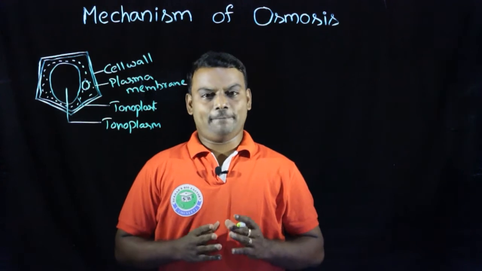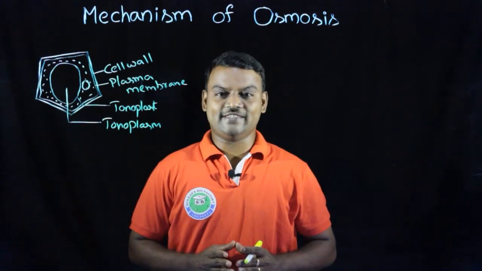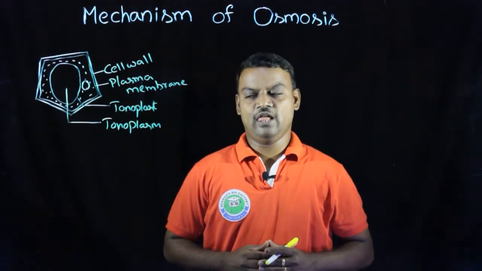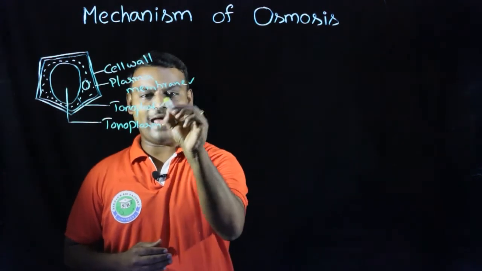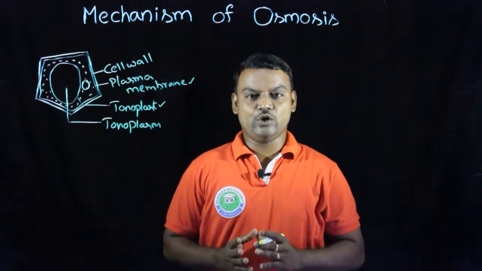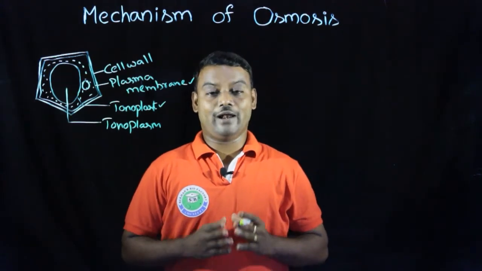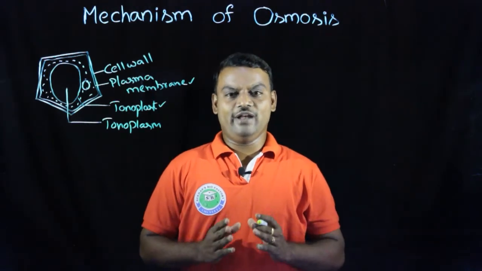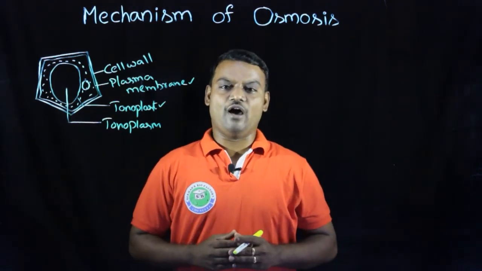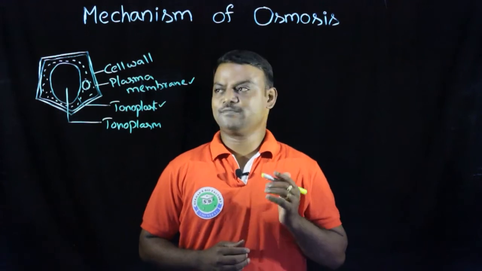In the structure of a plant cell, the cell wall is permeable in nature. Both plasma membrane and tonoplast are selectively permeable or differentially permeable in nature. It allows only selected molecules along with solvent.